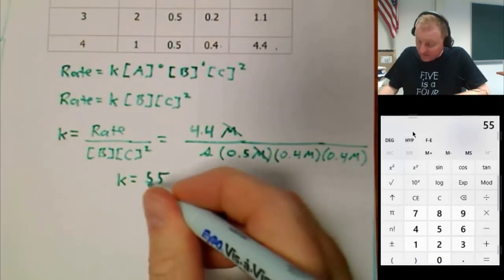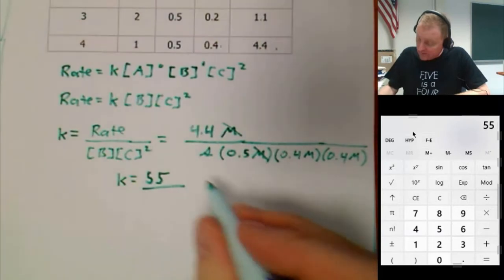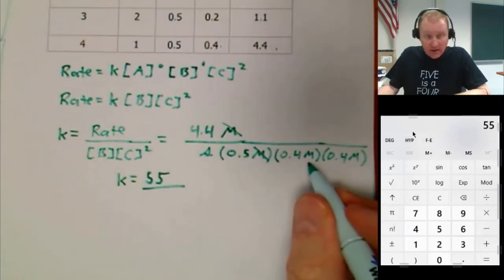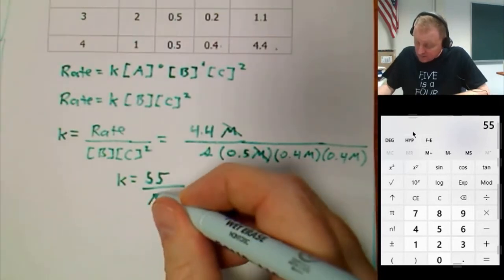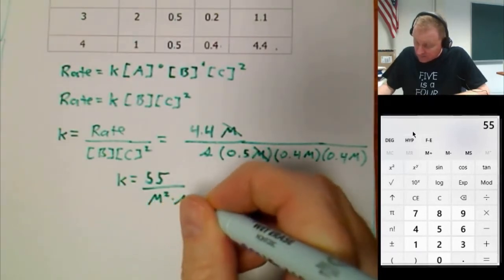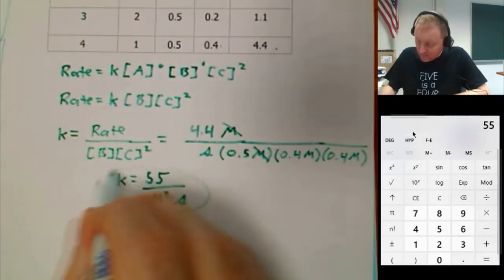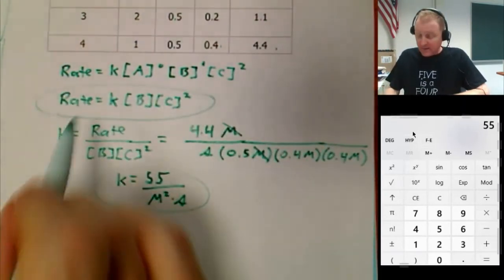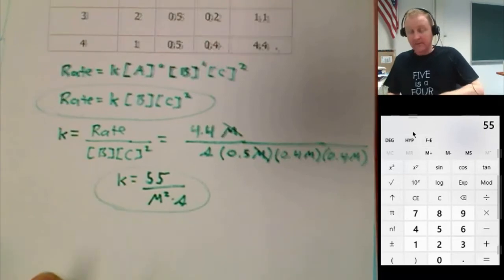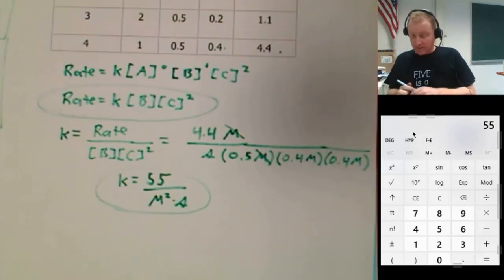It's 55 per molarity squared seconds. So there's my answer. I got my rate law, and I've got my K for that. So that's how I worked it out.